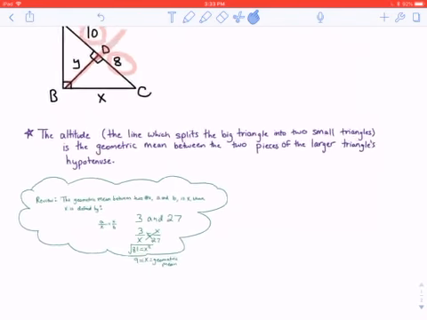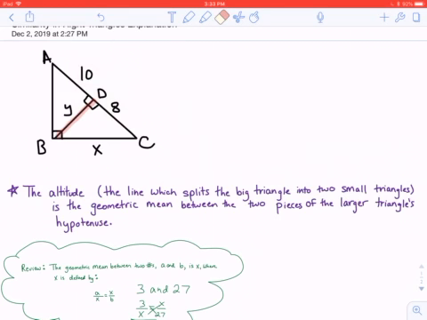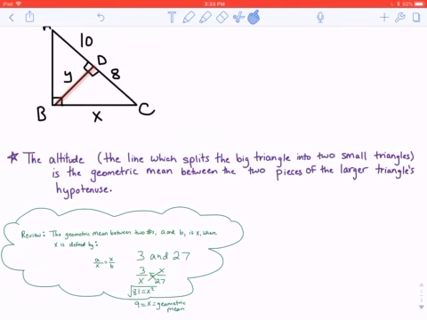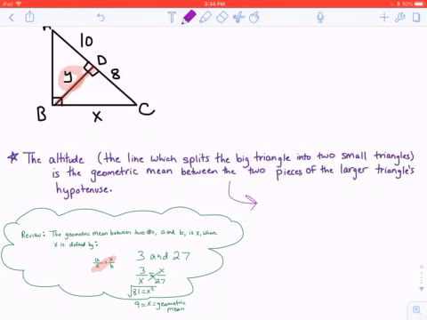Now to go back to what we were saying here. The altitude, that piece in between that's splitting up this big triangle, is the geometric mean between the two pieces. When we were doing the example, the geometric mean was that x. Here the geometric mean is this piece, which is equal to y. So what I have written here in purple says that y is the geometric mean between the two pieces 10 and 8.